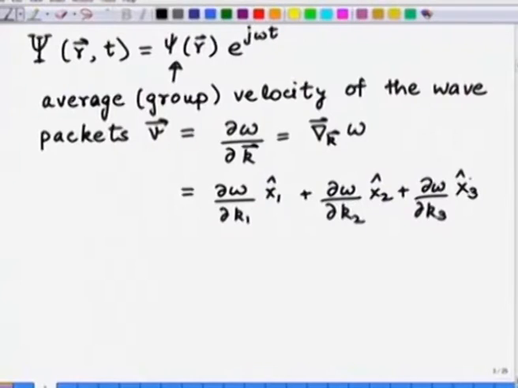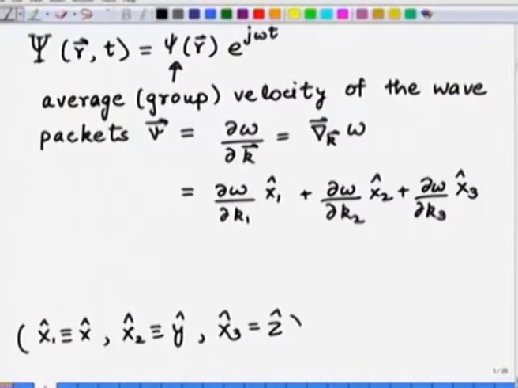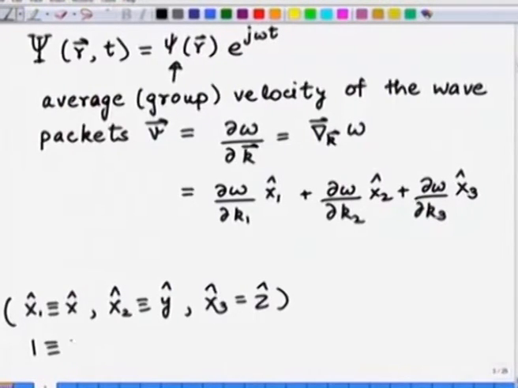What does x 1, x 2, x 3 mean? In a Cartesian coordinate system, x 1 hat would be equivalent to x hat, x 2 hat would be equal to y hat, and x 3 hat will be equal to z hat, meaning that 1 implies x, 2 implies y and 3 implies z.